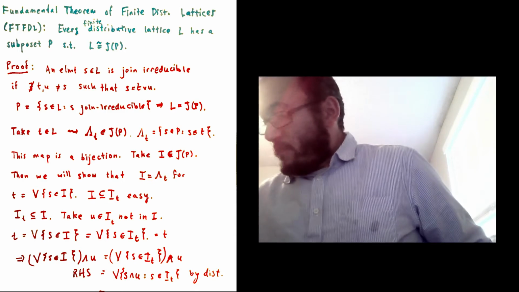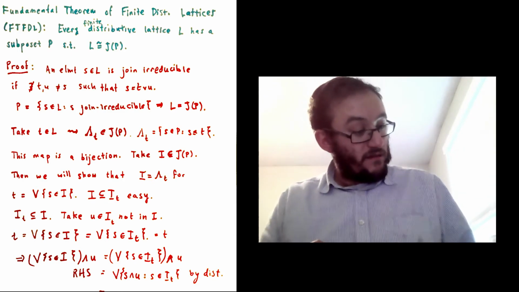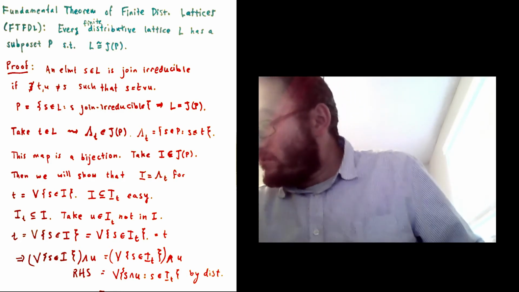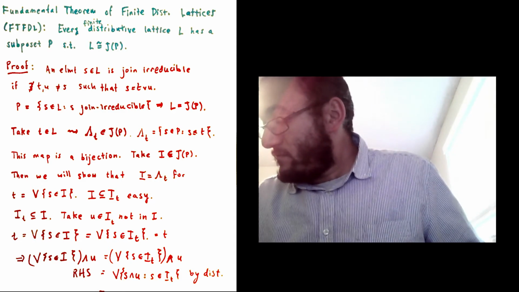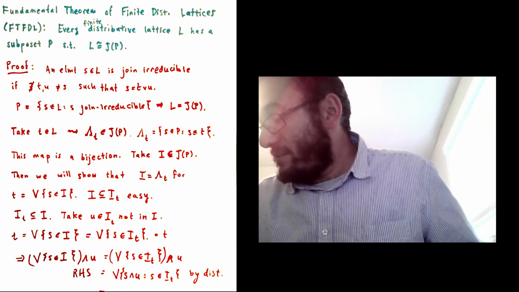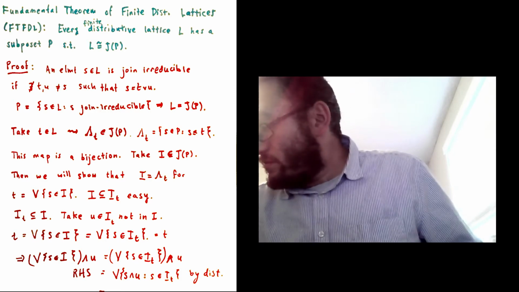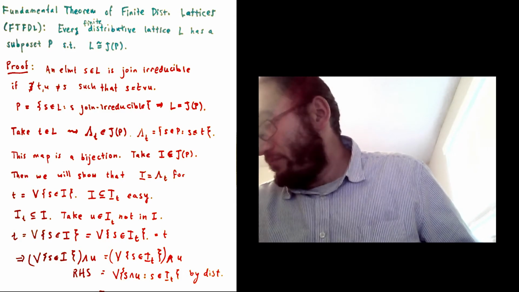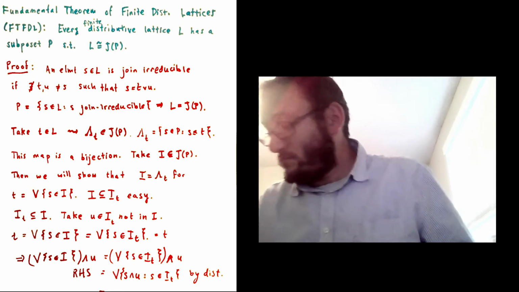So the fact that T is the join of all of the elements in I means that the join of all of the elements S in I is equal to the join of all the elements S in lambda T. Okay?